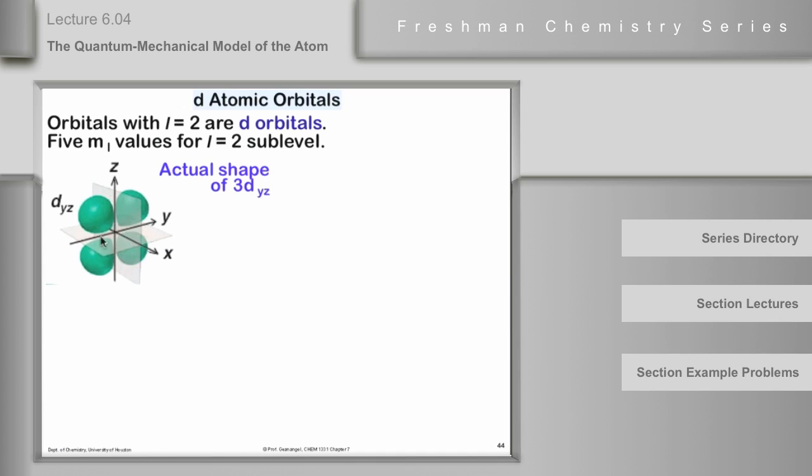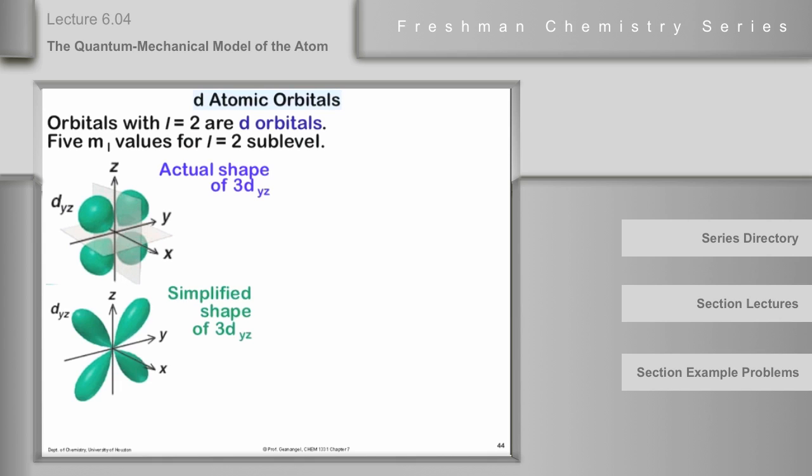Here is an accurate representation of one of the d orbitals. They're given symbols here to indicate something about how they're oriented. The dyz is in the yz plane, and that's about what it would look like if you could see it. The simplified shape is also in the yz plane, but they use skinnier lobes so that it's easier to represent them.